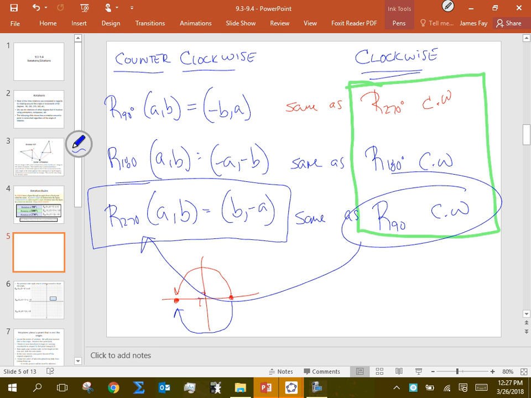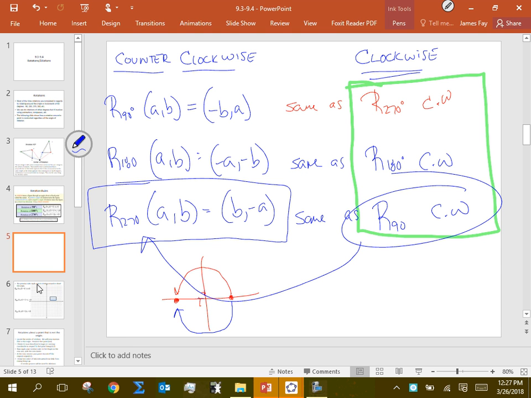Does that make sense? There are rules that you can learn for moving clockwise. It's just that the convention is easier: convert clockwise into counterclockwise and then apply the counterclockwise rule. Is that okay?